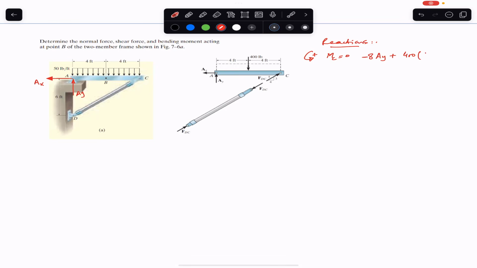So we will multiply this with 4, and this is equal to 0. Now we can write that minus 8 AY is equal to minus 400 into 4. Divide both sides by minus 8. The minus will cancel out, and AY will be equal to 400 divided by 2, so this is 200 pounds. So AY support reaction is 200 pounds.